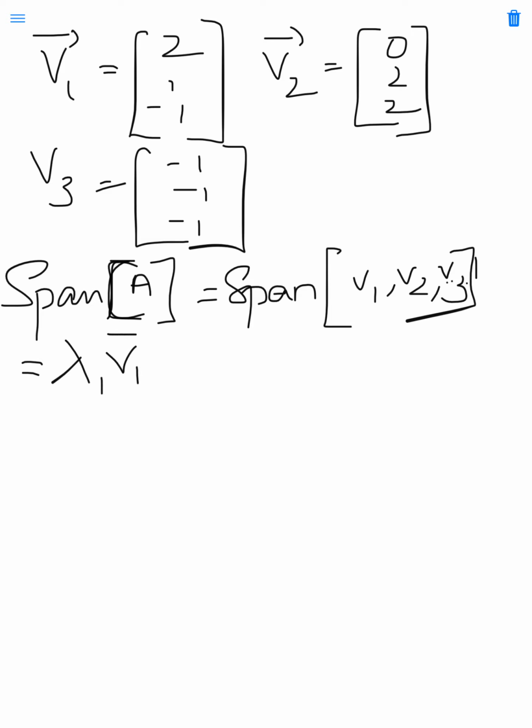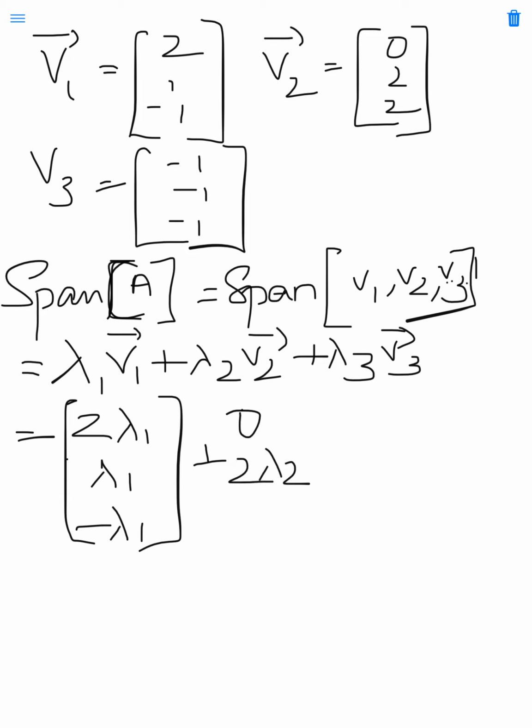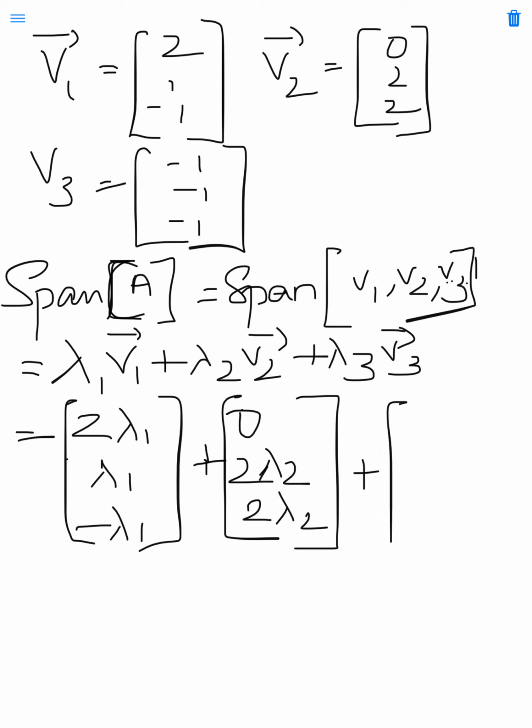So lambda 1 V1 vector plus lambda 2 V2 vector plus lambda 3 V3 vector, which is equal to lambda 1 times 2, 1, minus 1, plus lambda 2 times 0, 2, 2, plus lambda 3 times minus 1, minus 1, minus 1.